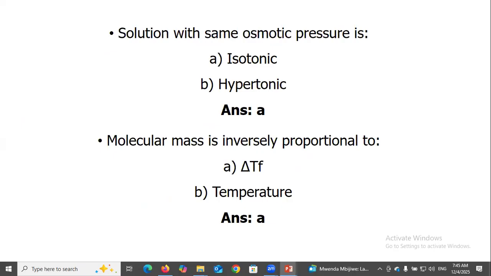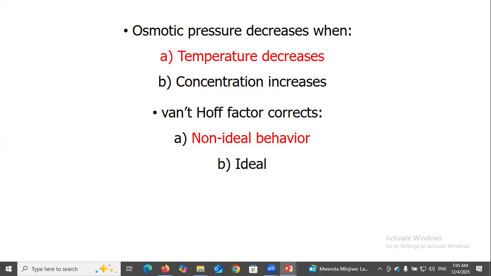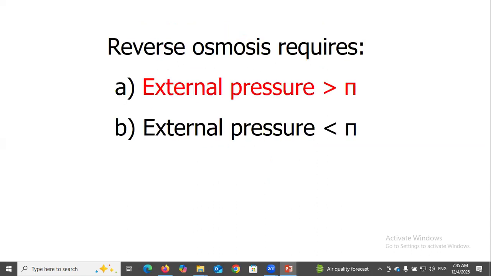Molecular mass is inversely proportional to delta Tf. Osmotic pressure decreases when temperature decreases. The van't Hoff factor corrects non-ideal behavior. Reverse osmosis requires external pressure greater than pi.